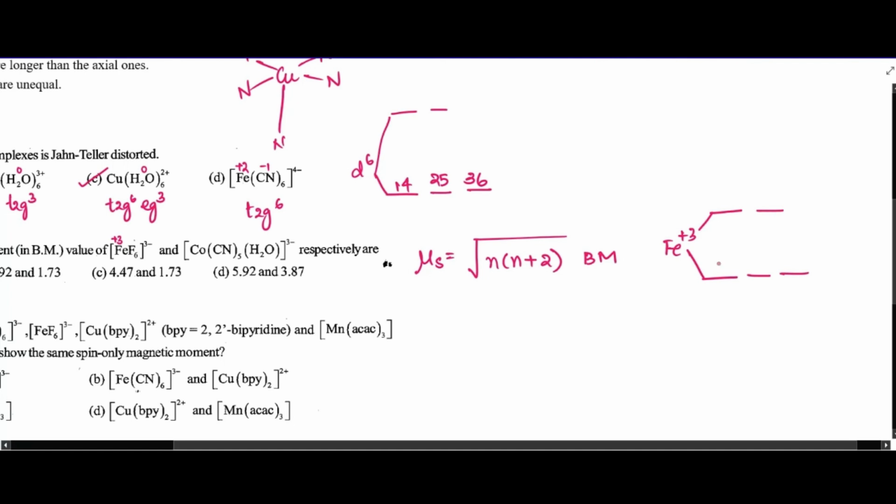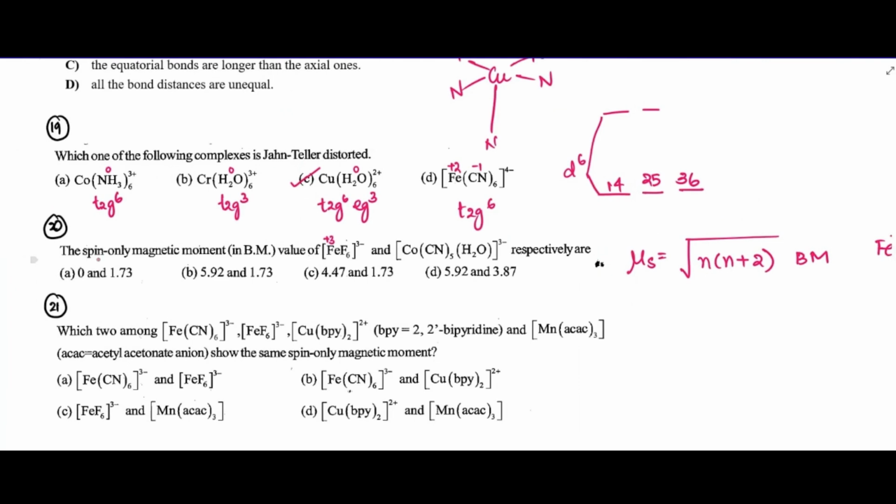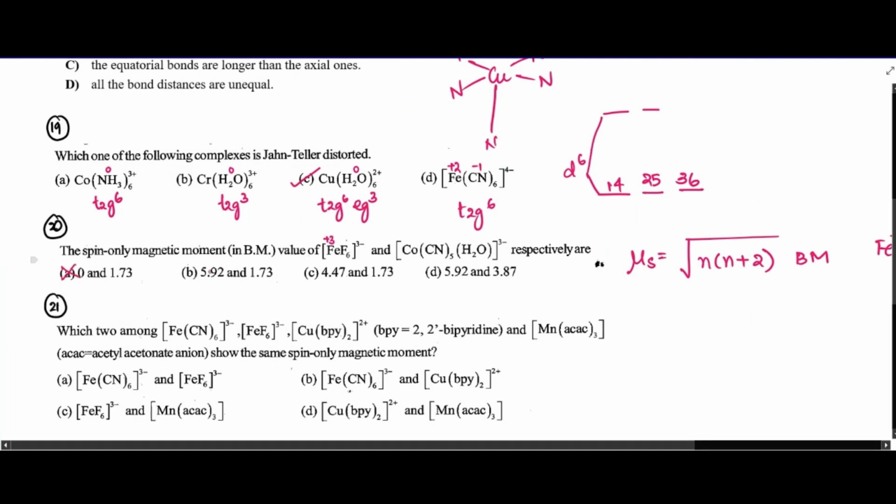Iron 3 plus has 5 electrons. So it is going to be T2G3Eg2. N is 5, so the value of magnetic moment is going to be close to 5 point something. It can be option A, 5.92, or C or D.